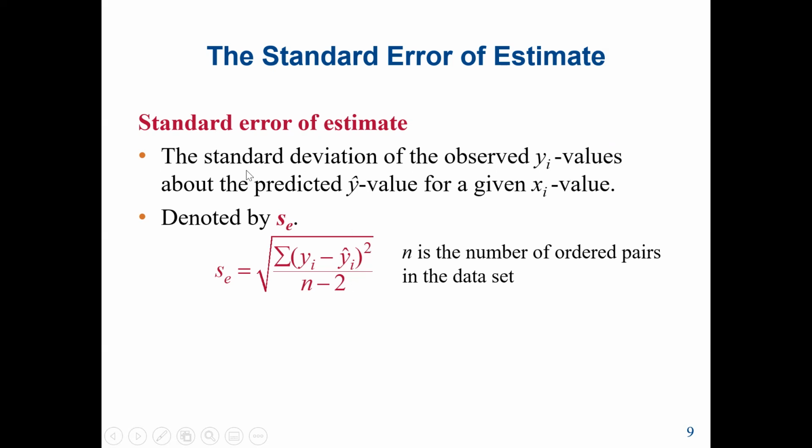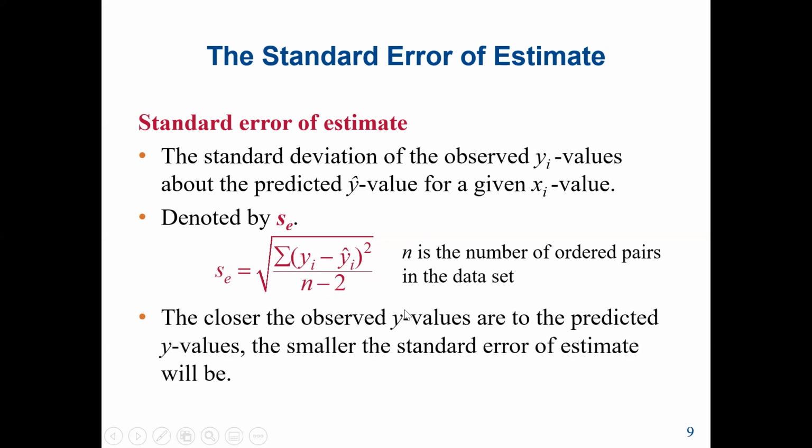That's why we say standard deviation of the observed Y values about the predicted Y value. It is the difference of the actual Y value and the predicted Y value for each value, all squared, and the sum divided by the sample size minus 2. So if the sample size is 10, then 10 minus 2.